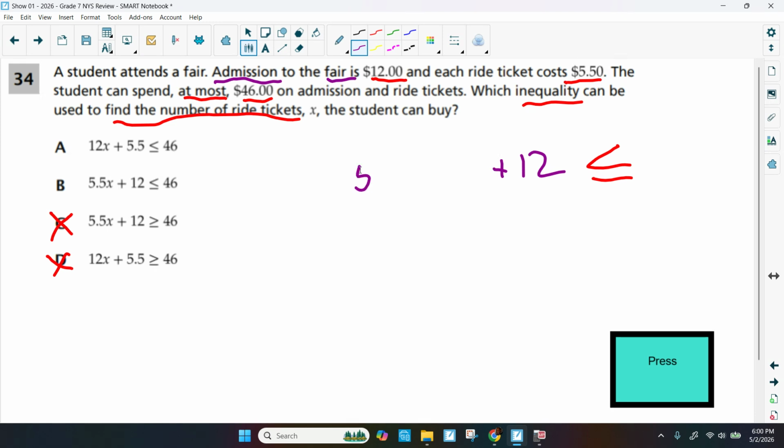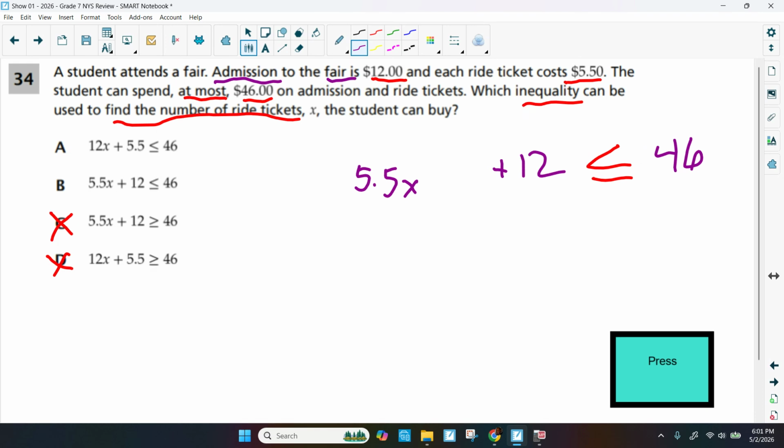So $5.50, and I'll leave out the extra zero even though it's up there, but not in the answer key. $5.50 X, because one ride is $5.50 and if you have another ride, that'll be another $5.50, or you can multiply it by the number of rides that you have. So $46 is the money you have. Pay your admission fee and ride as many rides as you can when you subtract that.